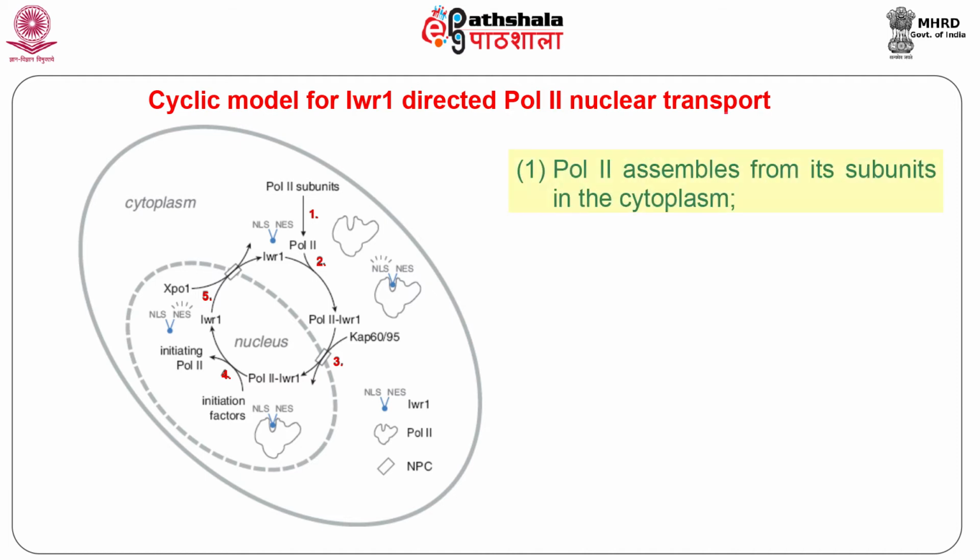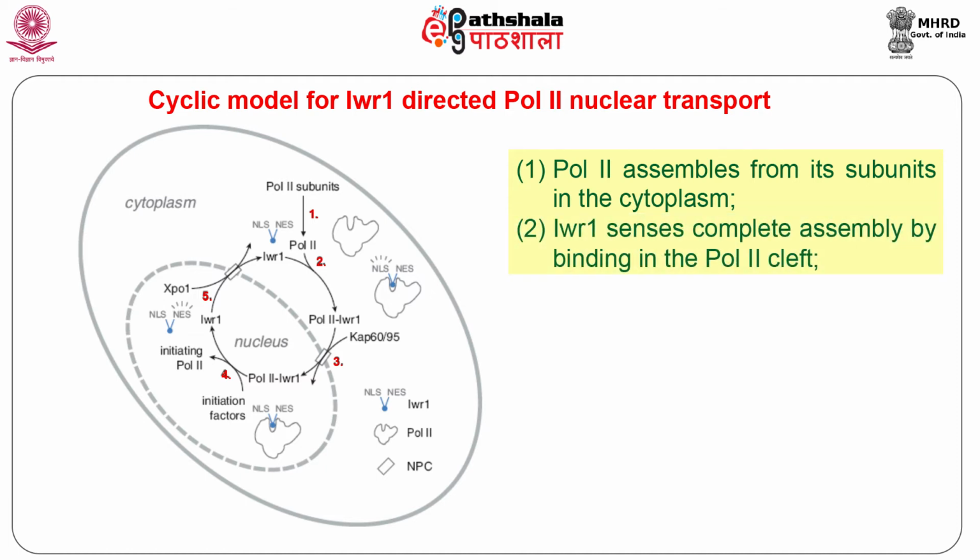First, polymerase II assembles from its subunits in the cytoplasm. As you can see, there is a cleft in the assembled polymerase II. Then, a protein IWR1 binds in the polymerase cleft and completes the assembly of polymerase II.